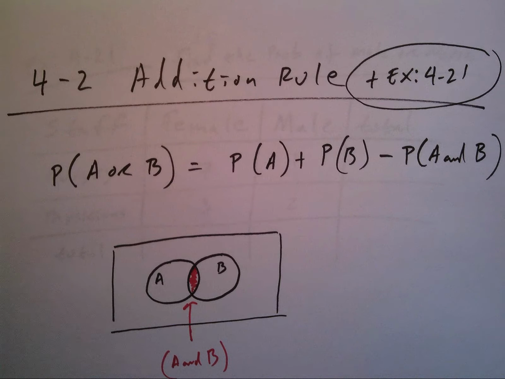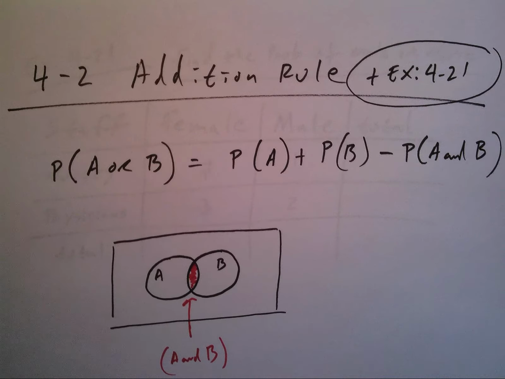But before we start, let's look at an example of two sets that are not mutually exclusive. When I make my Venn diagram with the two circles, there's an overlapping part that I shaded in red.